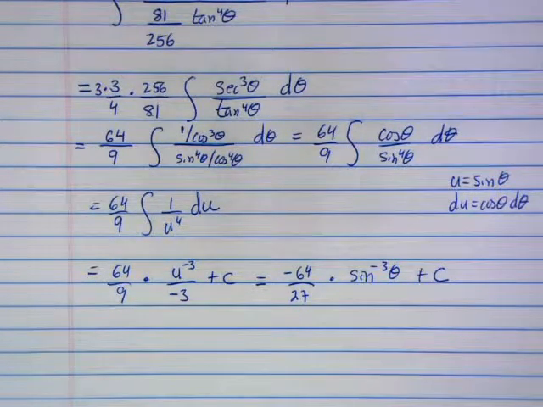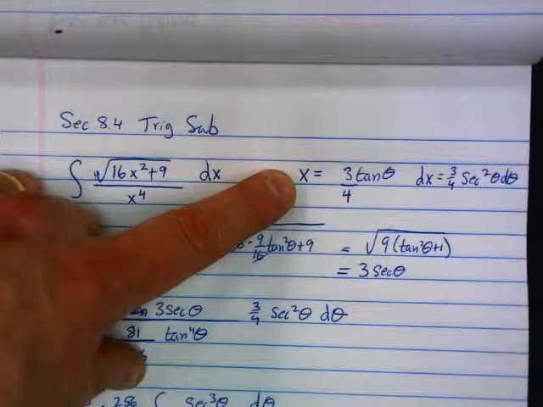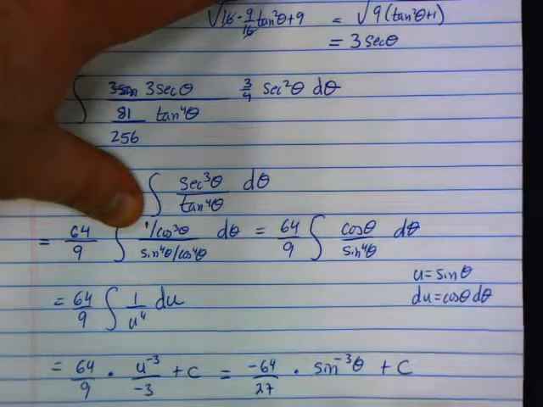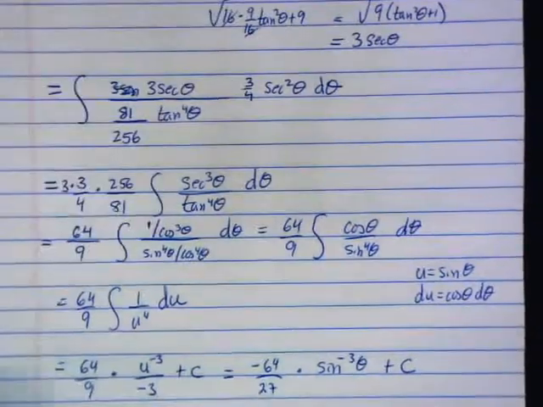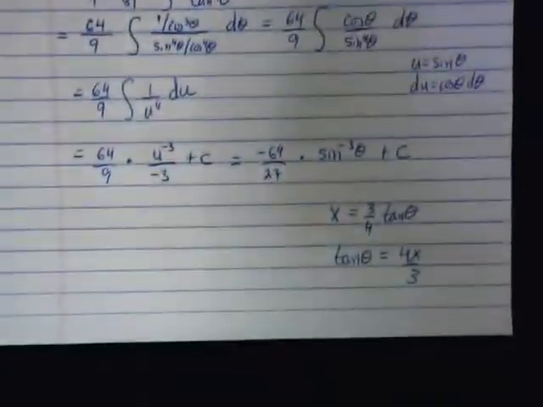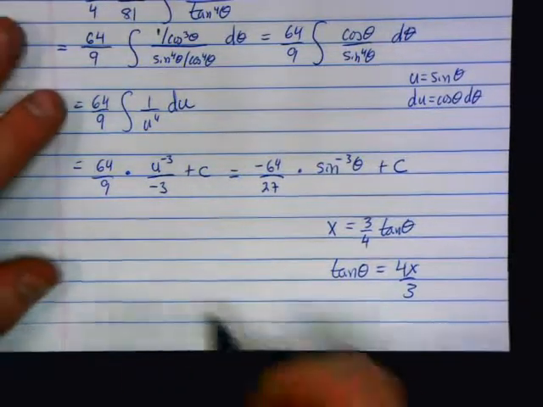And then we need to solve for theta. And the way we did that is we went back to our original problem. So I'm going to rewrite that. X equals 3/4 tangent theta. I'm going to rewrite that as tangent theta equals 4x over 3. And draw myself a little triangle.